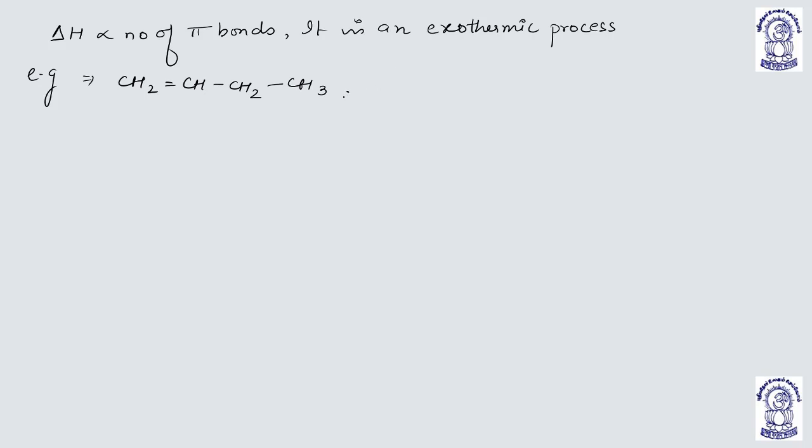And when we compare this compound with the other, this compound will be more stable, as it is having less amount of heat of hydrogenation, because these two carbons, they are having one hydrogen. This is two hydrogen, this is one hydrogen.